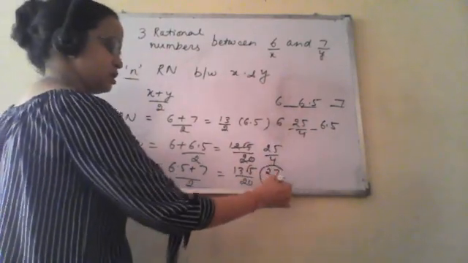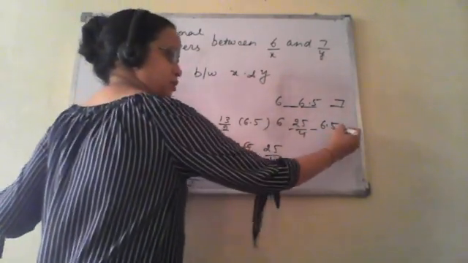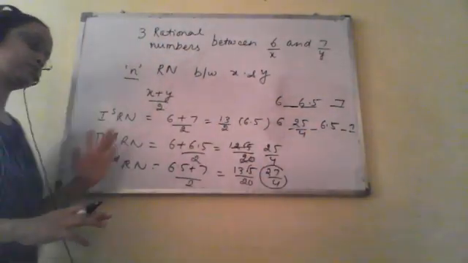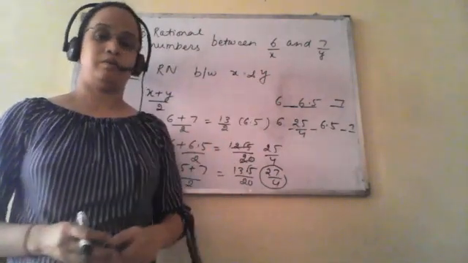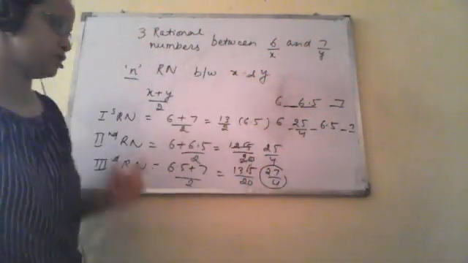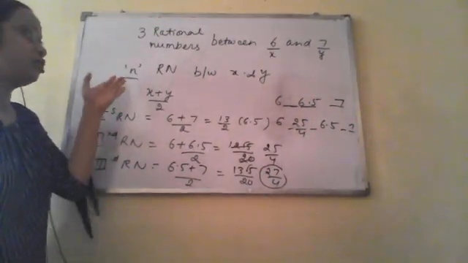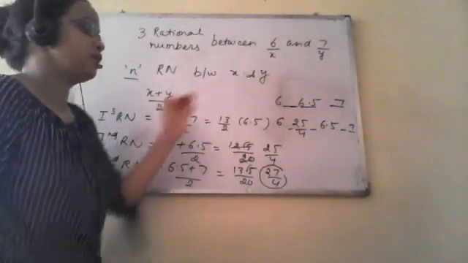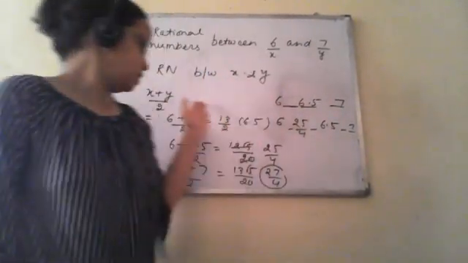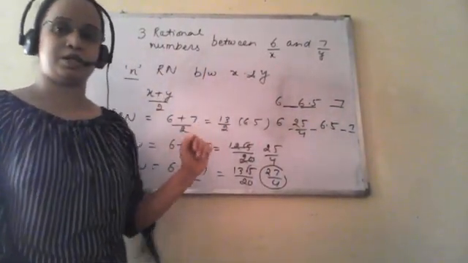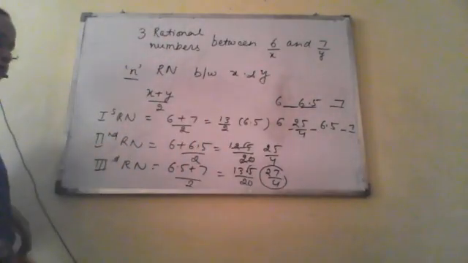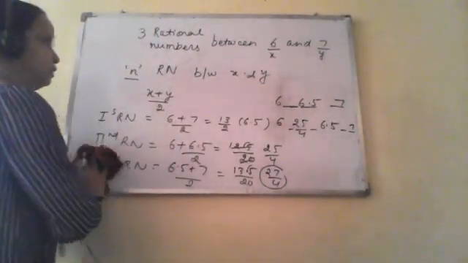This rational number lies between 6.5 and 7. This is the way we calculate between two rational numbers. So this is the first method. When we have to find n rational numbers between x and y, we just take the average, x plus y upon 2.